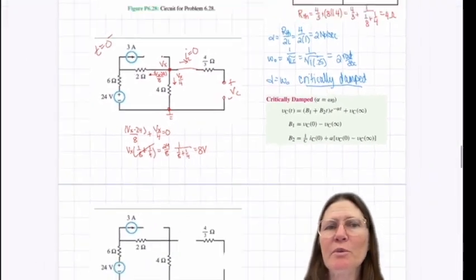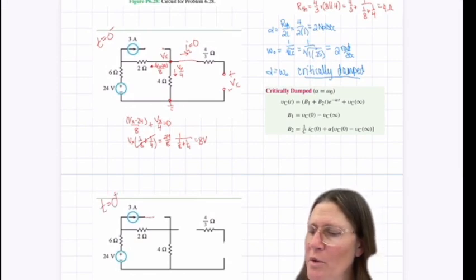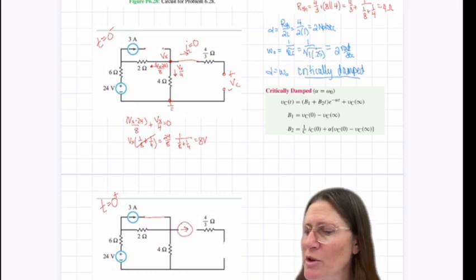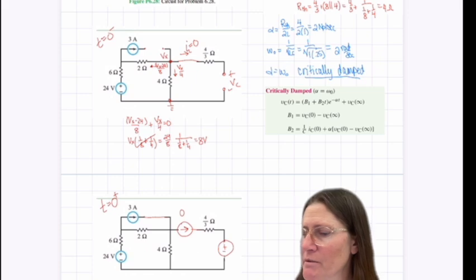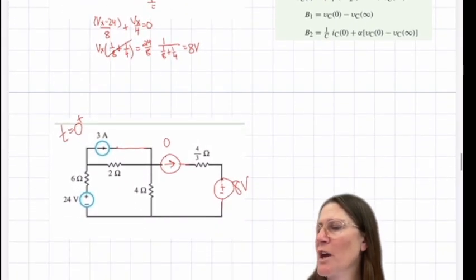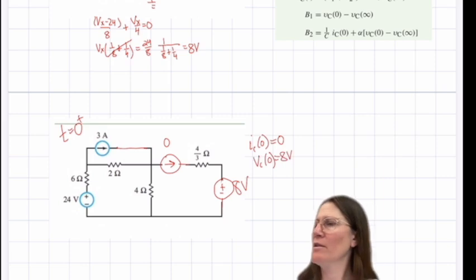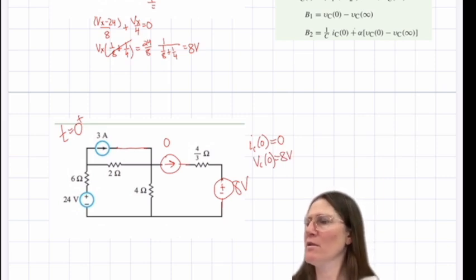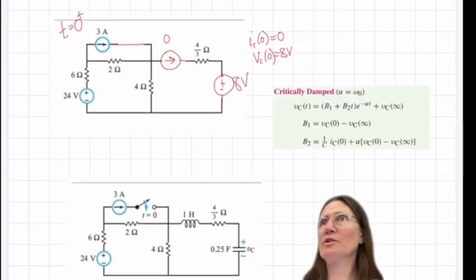So the next step would be to do t equals 0 plus, which closes the switch, current source of 0, and voltage source of 8 volts. So my initial values, IC of 0 is going to equal 0, and VC of 0 is going to equal 8 volts. Any questions?